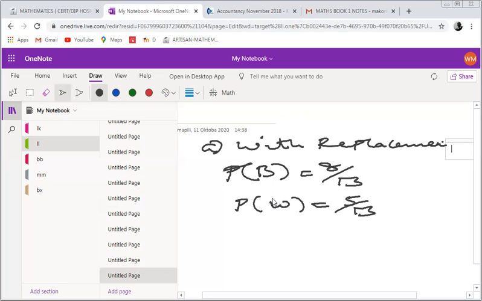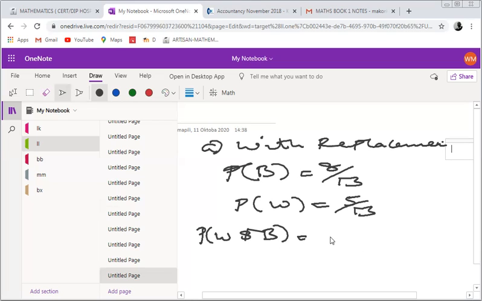Therefore, if we are replacing these balls, the probability of white followed by black, the probability of white and black, simply means that the first ball picked is white, and then we note it and return it because it is with replacement, and then we pick the black.